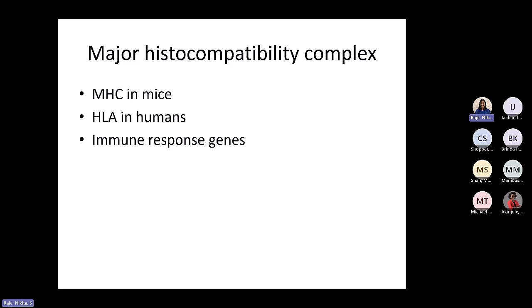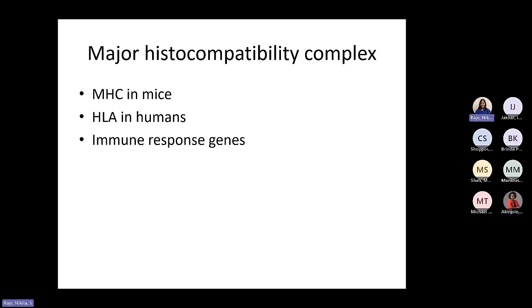When transplant tissue such as skin is exchanged between non-identical individuals, there can be rejection of those grafts. And this rejection, or histocompatibility, was noted to come from these genes that were on chromosome 17 of mice. So they were named major histocompatibility complex or locus, right?